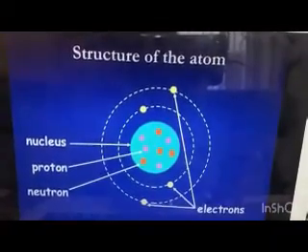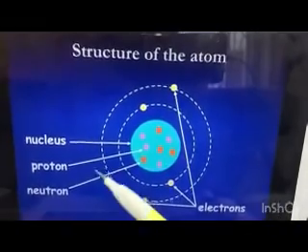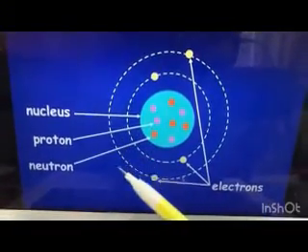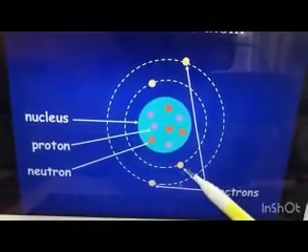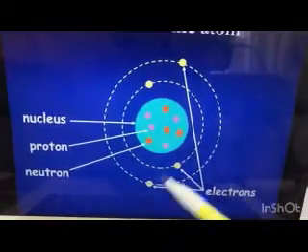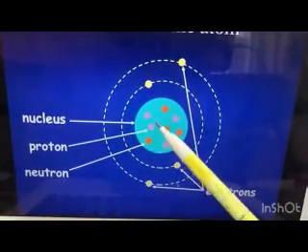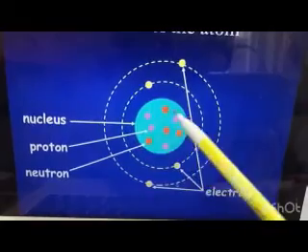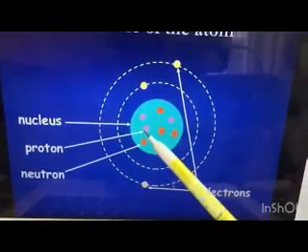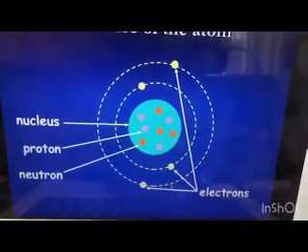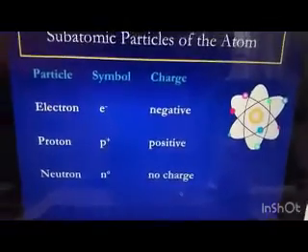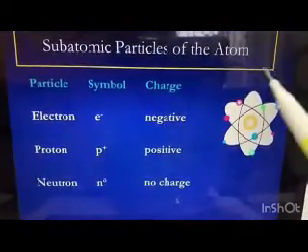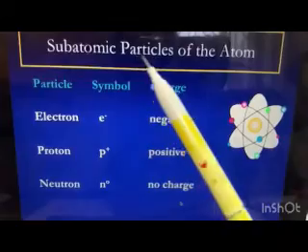Basically, this is the structure of the atom we did yesterday. This is the nucleus, the protons, neutrons and electrons. These are the electrons. As you can see, inside it has the nucleus, this round circle, and this pink one is the protons and this orange one is the neutrons. We said that atoms have some subatomic particles.